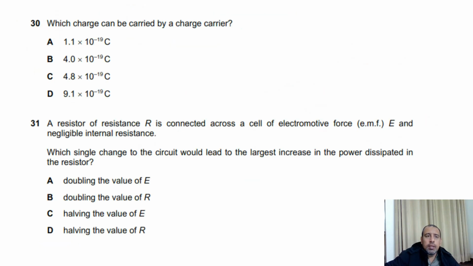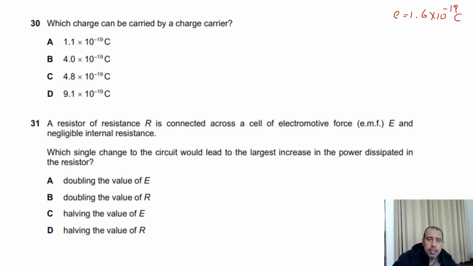Question number 30. Which charge can be carried by the charge carriers? It means the charge is always a multiple of the basic charge of the electron or proton. The basic charge e, the elementary charge, is 1.6 into 10 to the power minus 19 coulomb. It means the charge on any charge carrier is 1e, or 2e, or 3e.